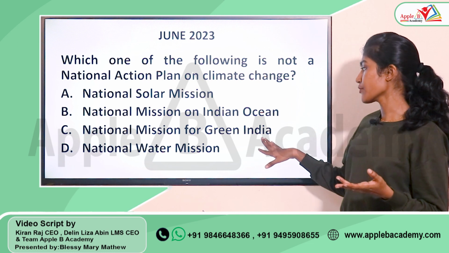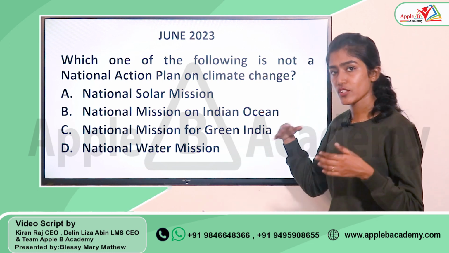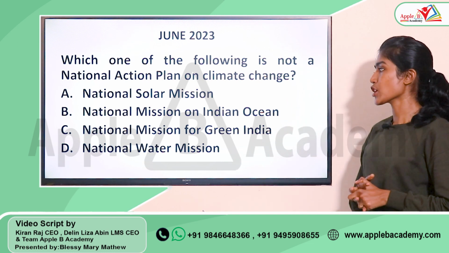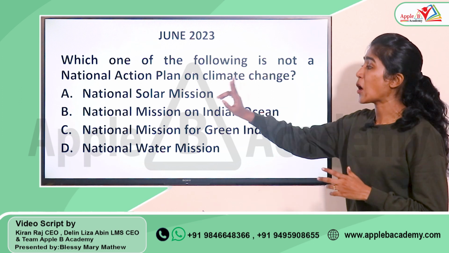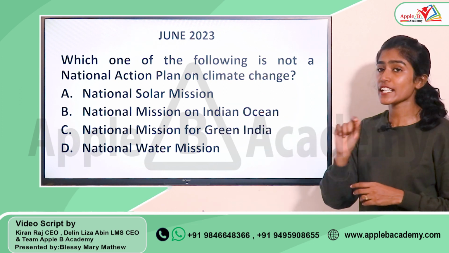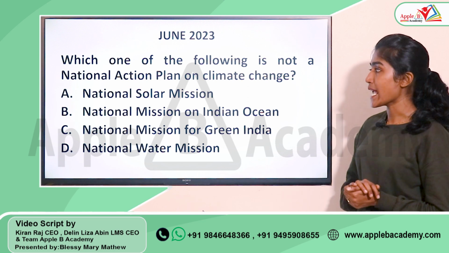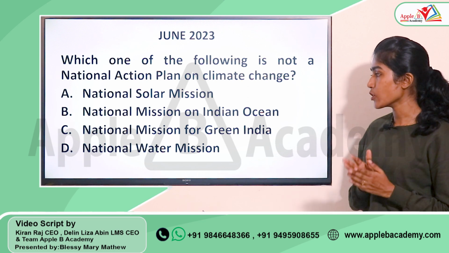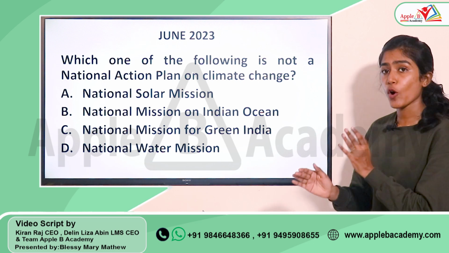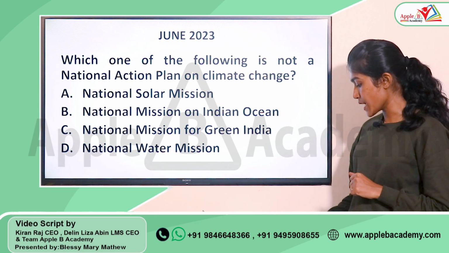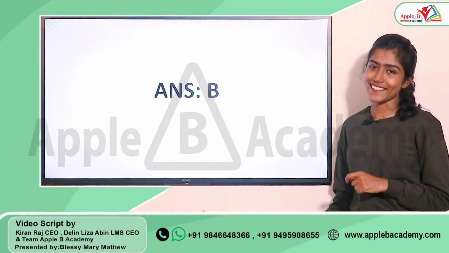Then we have National Mission for Green India, and National Water Mission is also coming under the National Action Plan on Climate Change. And from these, option B, National Mission on Indian Ocean, is not a national mission that comes under the NAPCC. So in that respect, we can say that the right option for this question is option B. The right answer is option B itself.